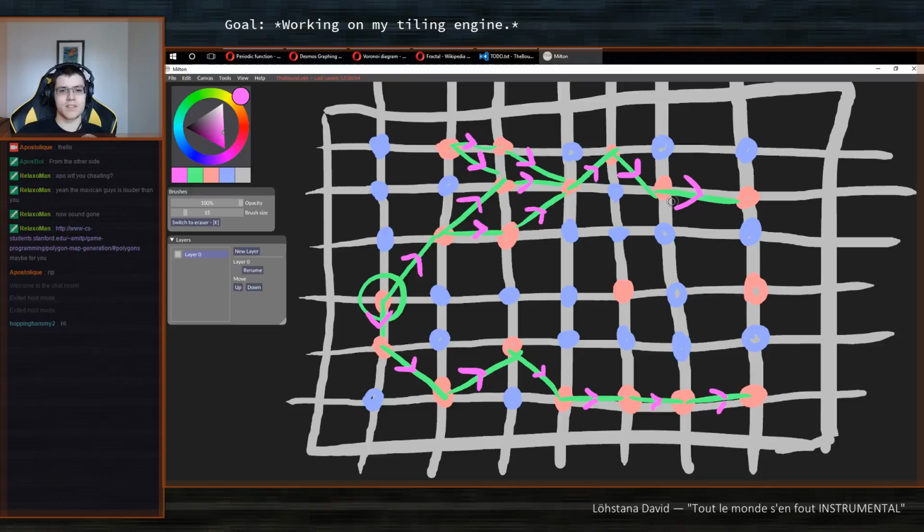Is that something that can be considered interesting? And what do I end up doing with this point? Is that an island or a lake or what is that? Oops, did I really do that?